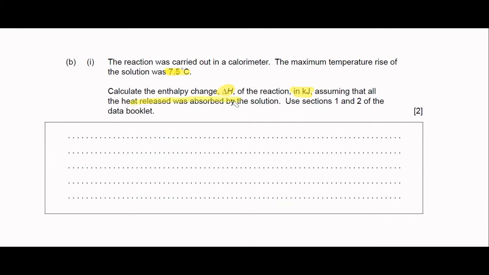So actually here we are making an assumption that the complete heat energy released during the reaction is absorbed by the solution only, and not by the calorimeter we are using, or the thermometer or the stirrer inside it. So that is an assumption that we are making here. Now let's see how to work this out.